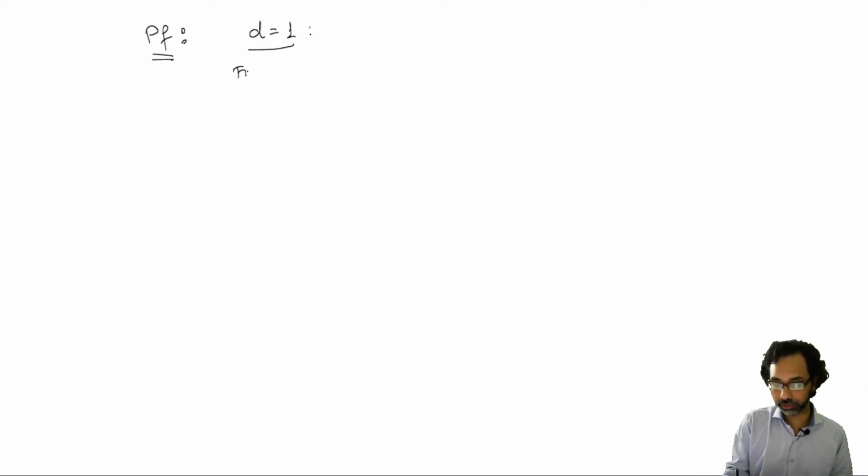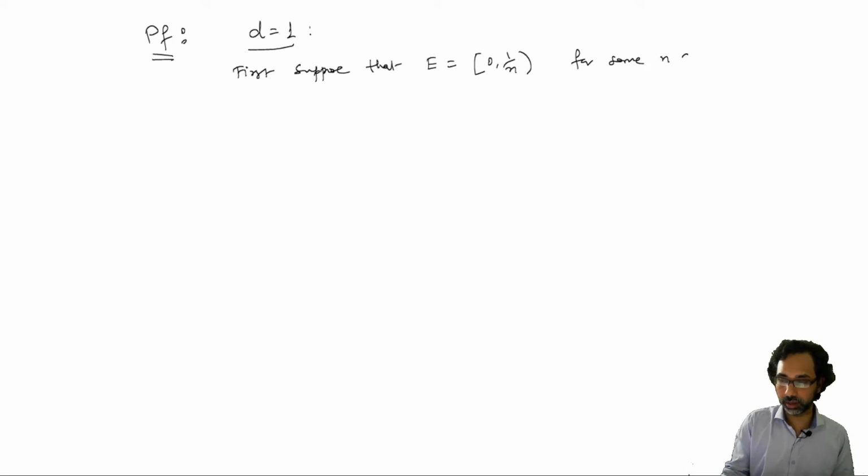So first, suppose that our E is the set 0, 1 by n for some natural number n. Now let us write our set 0, 1, closed at 0 and open at 1, as the following union.